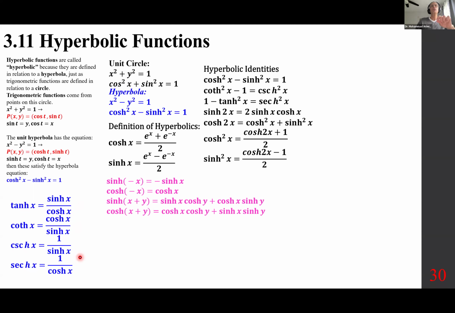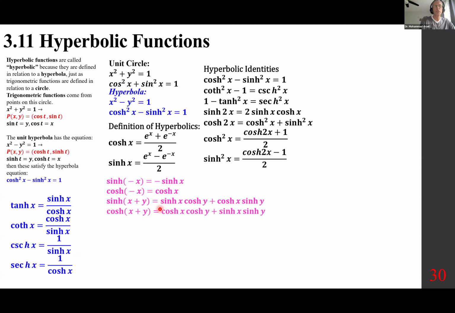All trigonometric functions are odd except cosine and therefore secant. So sinh is also an odd function. Sinh of minus x is minus sinh x. Cosh of minus x is cosh x. That is an even function. Sinh of x plus y, as you recall, sine of alpha plus beta, cosine of alpha plus beta.